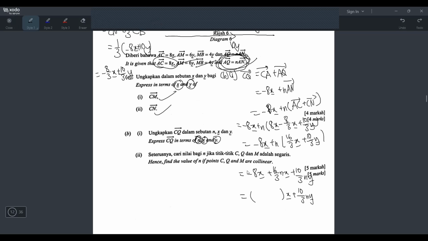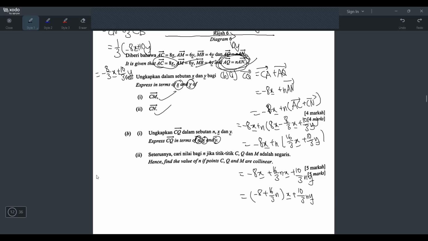Okay, it's better. So this one you factorize out, the x becomes negative 8 plus 16 over 3n. Actually writing like this is also fine. But I always recommend students to write like this. Okay, it's very helpful when we can see the coefficient of x and y directly like this. Okay, sudah siap.